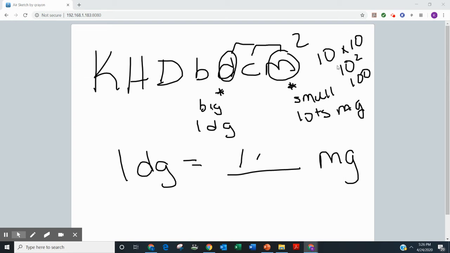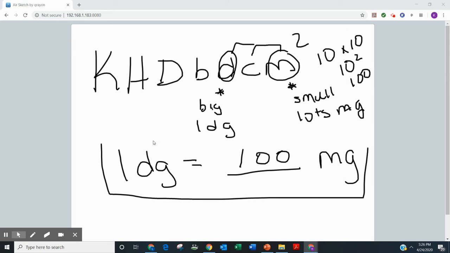So that means that there are 100 milligrams in 1 decigram. So if we want to convert between decigrams and milligrams, this is the conversion factor that we would use. So let me clean this off and I'll do another one.